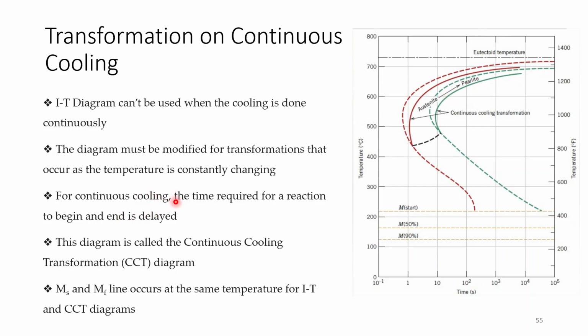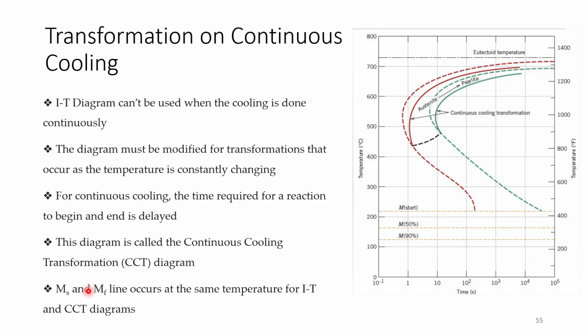Here for continuous cooling, the time required for a reaction to begin and end is delayed. Okay, and the diagram must be modified for transformation that occurs as the temperature is constantly changing. The diagram is called the continuous cooling transformation, CCT type of diagram. The Ms and Mf lines occur at the same temperature for IT and CCT diagrams.